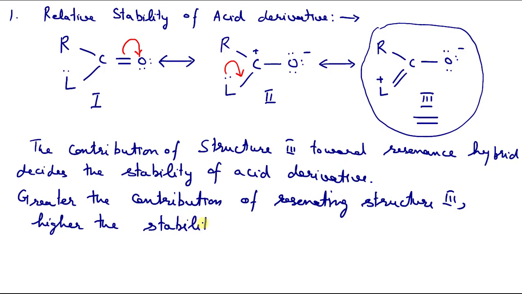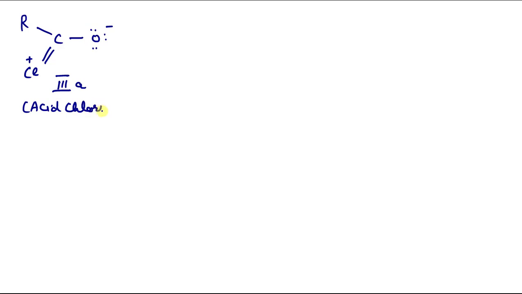Now let us write this resonating structure for each individual carboxylic acid derivative. For acid chloride it will be something like this: R-C(O negative)=Cl positive. Let us give it number 3A. This is in case of acid chloride.